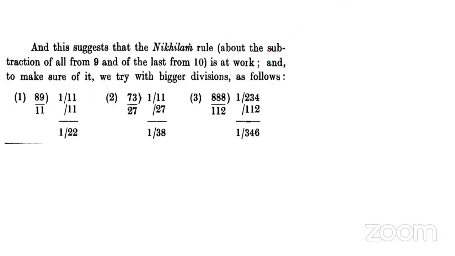Let me discuss some more, different examples. Now in this case, Swamiji is taking a 2-digit divisor. So 89, if you use all from 9, last from 10, then the complements will be: the first number from 9, and the last number from 10, then you are getting 11.